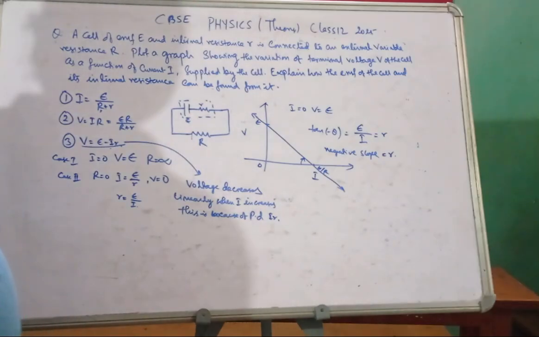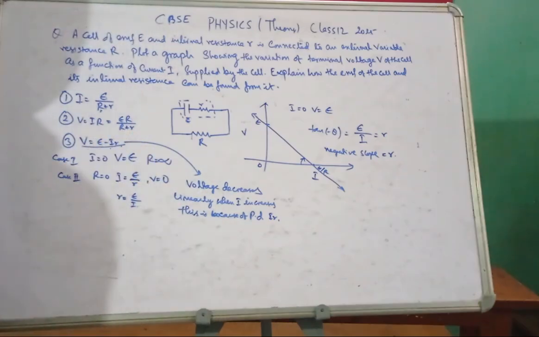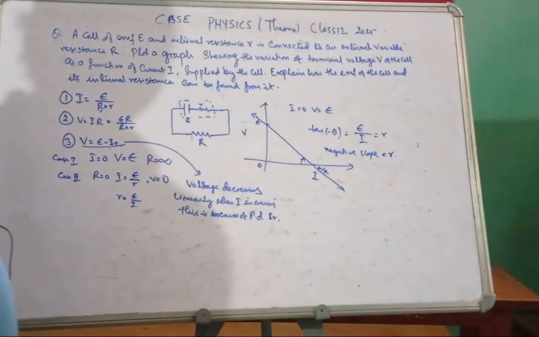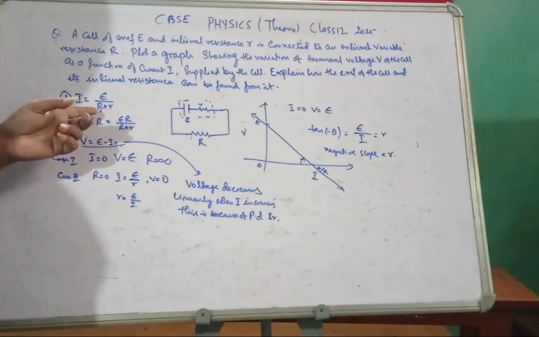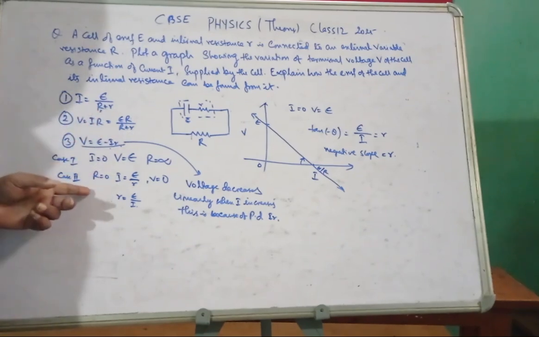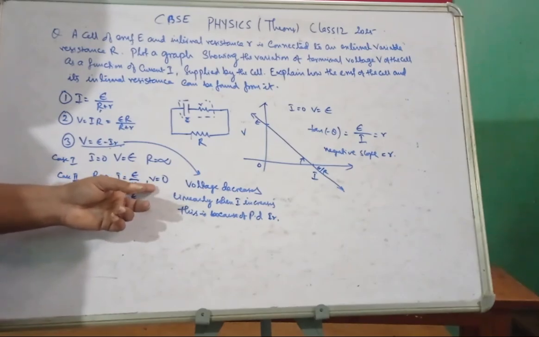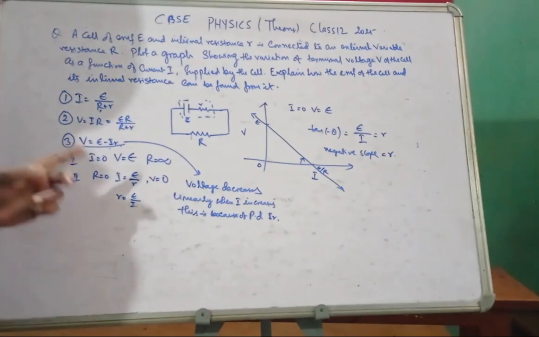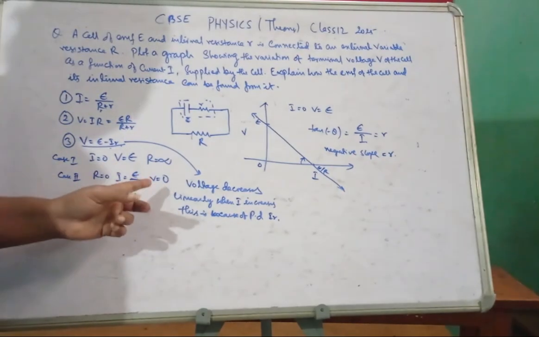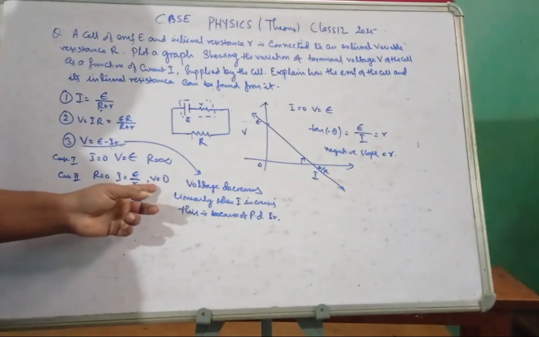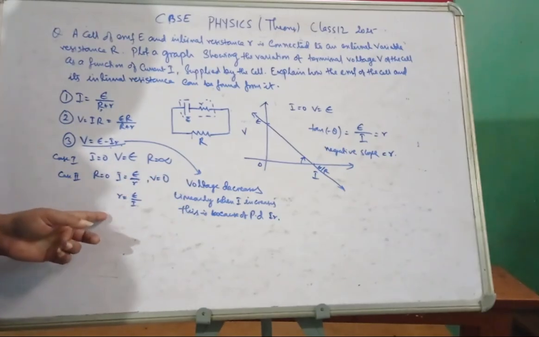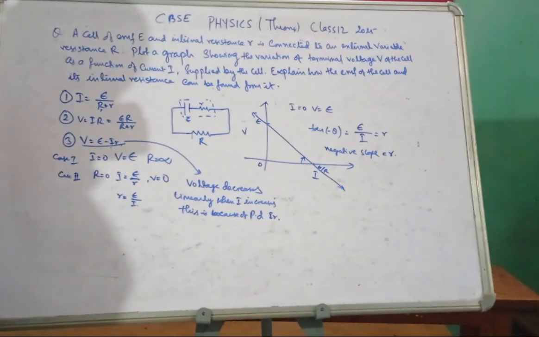I think it is clear. This is the graph, and this is how you can find the EMF of the cell and internal resistance. When R is 0, V is 0, and only then can you find the internal resistance, that is epsilon by I.